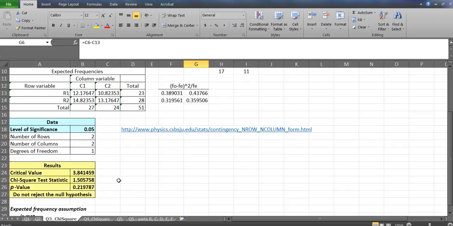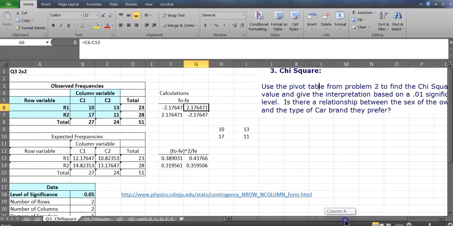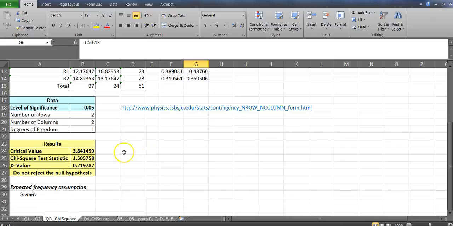So this question is asking us if there is a relationship between the sex of the owner and the car brand they prefer at the 0.01 significance level. This template really is helpful because it tells us our p-value and it gives us the decision rule.